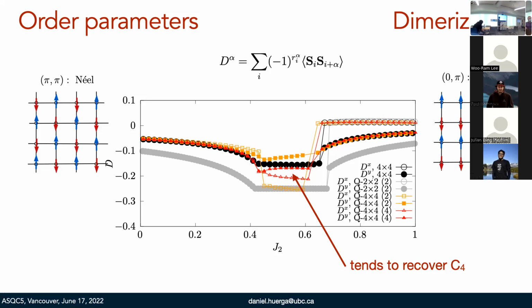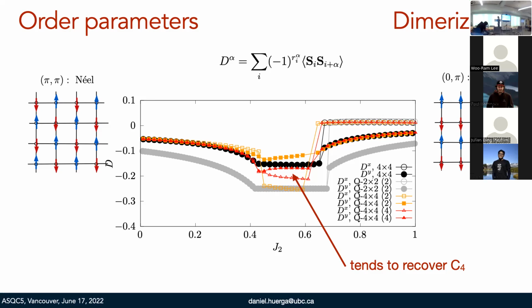And interestingly, with 2x2, again, we are reproducing the classical results. But with 4x4, we see that upon increasing the number of macro layers, from yellow to red, although C4 is broken by this hybrid method, the results show that C4 is starting to be recovered.